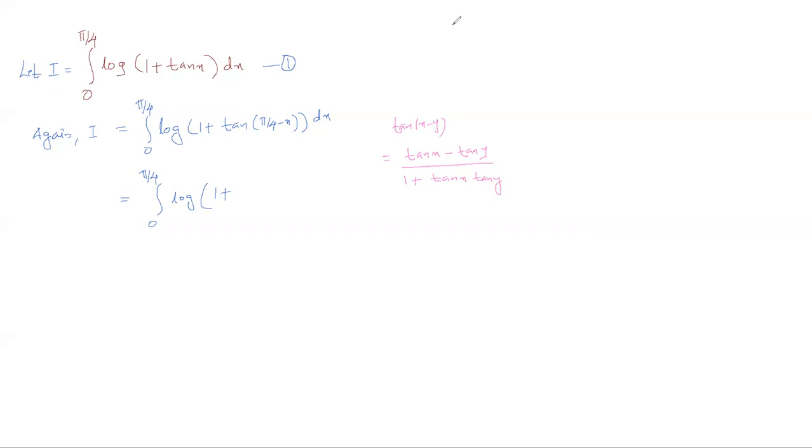This is the sum or difference formula for tan. So instead of tan x, I use the tan(x minus y) form. So tan pi by 4 is 1, minus tan x, divided by 1 plus tan pi by 4 into tan x. Tan pi by 4 is 1, into tan x.